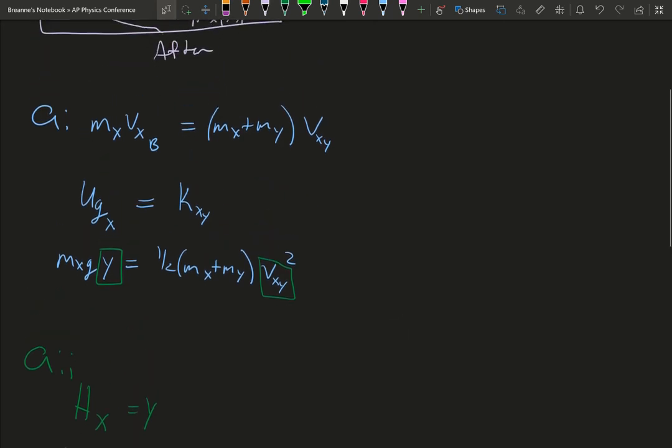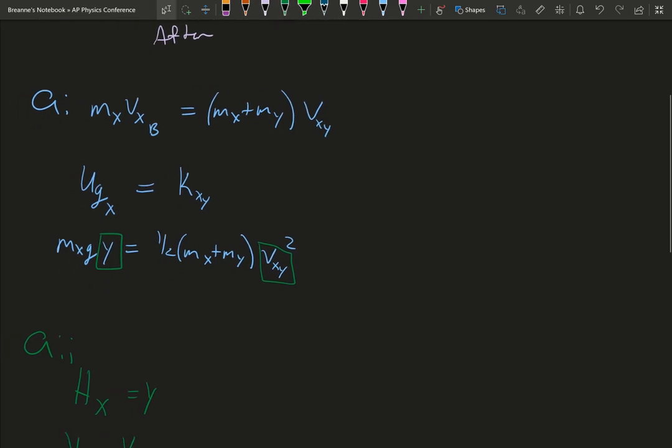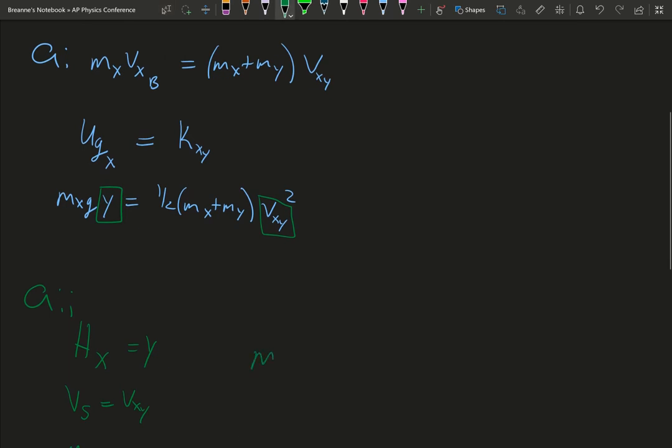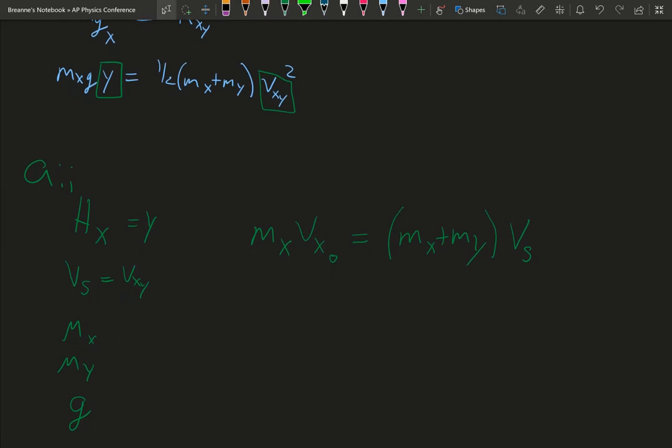So we're going to look at our first equation here, and we're going to end up solving for our velocity. So I'm going to rewrite it. Our mx vx initial equals mx plus my v, and I'm going to go ahead and put an s because that's how they want it.